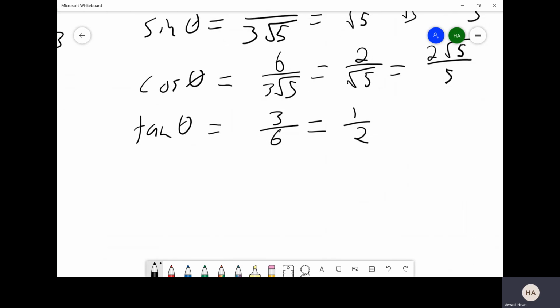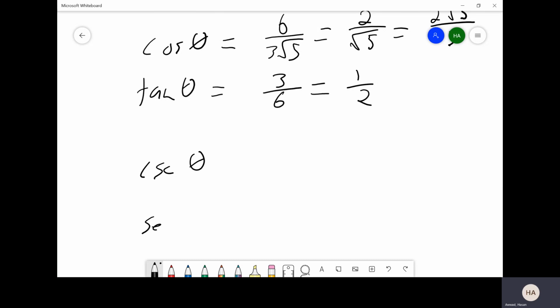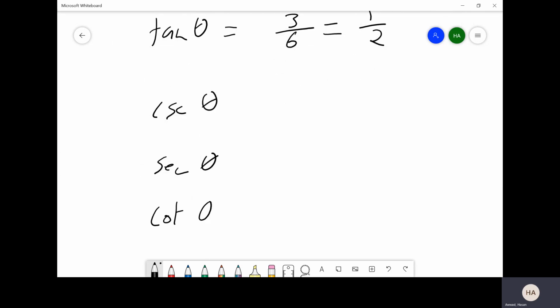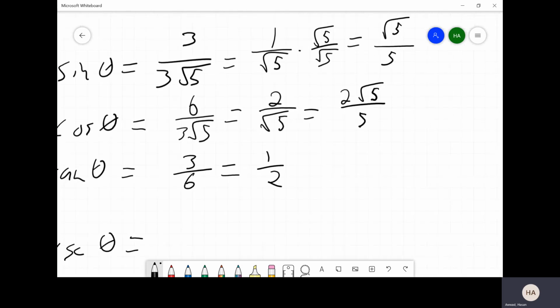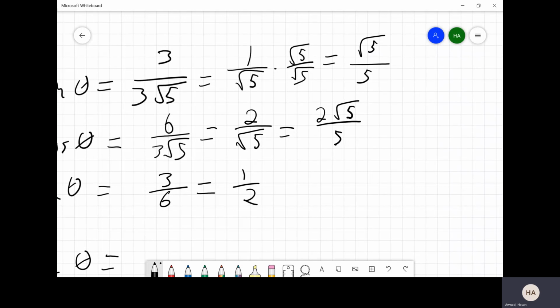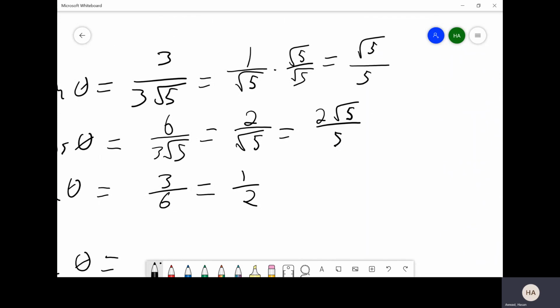So to find the next 3, cosecant of theta, secant of theta, and cotangent of theta, we can just take what we already know and just flip them, right? So cosecant of theta, remember cosecant shares that partnership with sine, so we're looking at sine here. We know we had square root of 5 over 5.